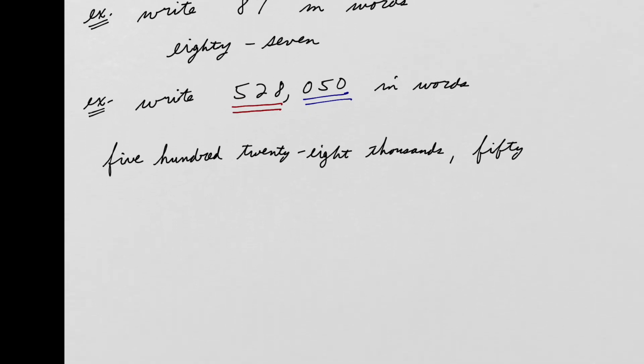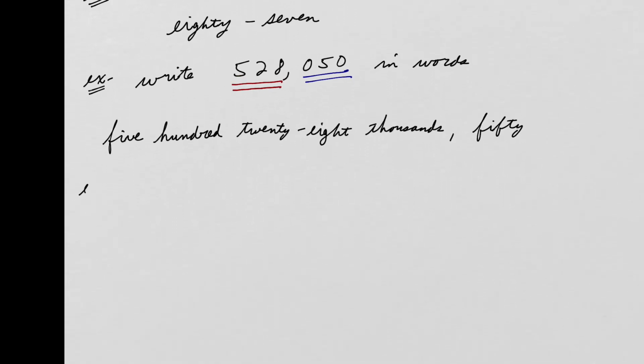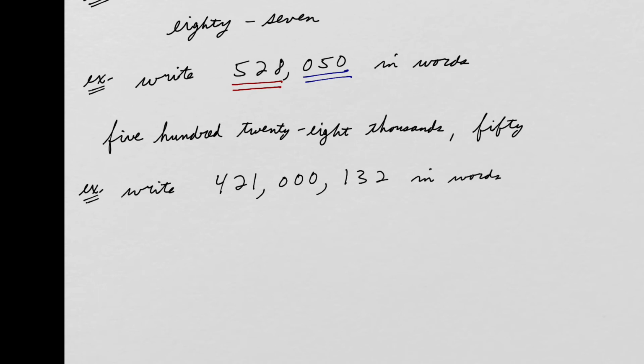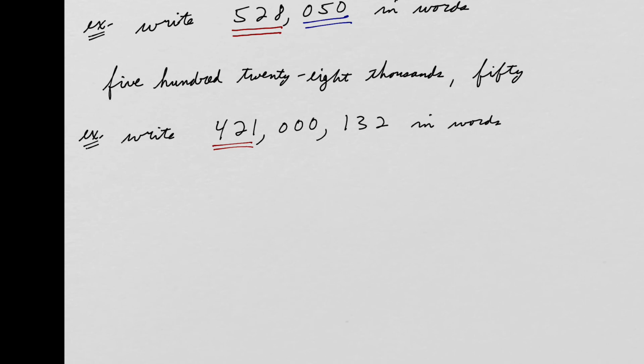Let's do another one. Let's say I want to write this number in words. Okay, so I start with this first group, and I write the number within that group or within that period. It's 421, right?